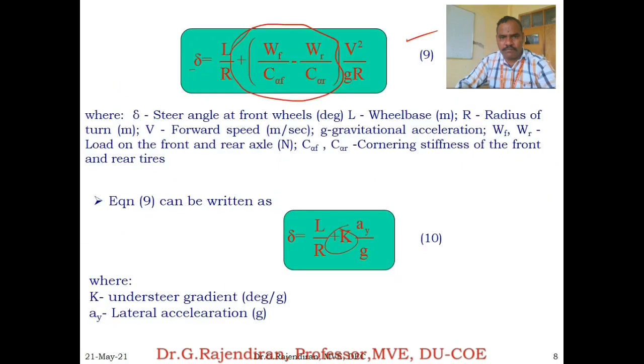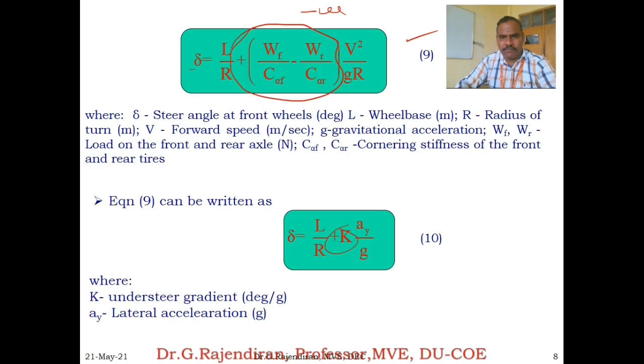So when k is negative, the steer angle delta is reducing with respect to the square of the vehicle speed. Sir, this one is negative. This one is negative, and this is the vehicle speed, lateral acceleration, correct?